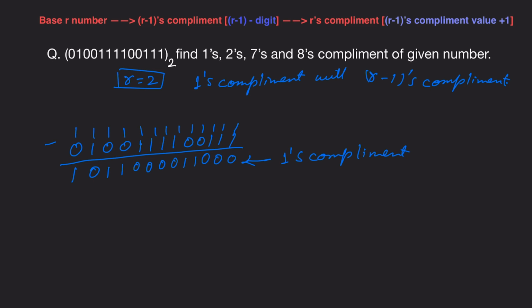And for finding r's complement, meaning 2's complement, we simply add 1 at the LSB side. So 1 0 0 1 1 0 0 0 0 1 1 0 1. This is the 2's complement of the given number.